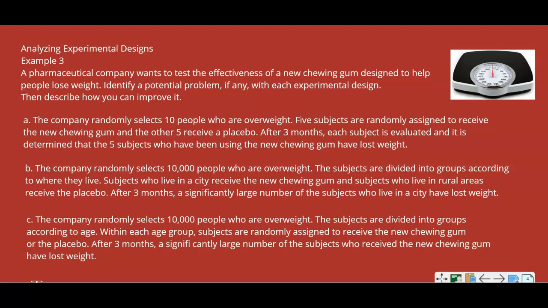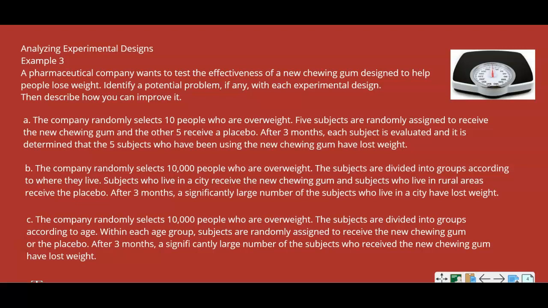So the problem with that is all of them in the city are given the new chewing gum, and all of them in the rural areas are given the placebo, which would cause a design flaw because they may have different lifestyles. Like people in the city may have to walk a lot more than the people in rural areas. In rural areas, where you live so far away from things, you usually hop in a car to drive to wherever, whereas if you live in the city, you often walk a lot more places than you do in rural areas.